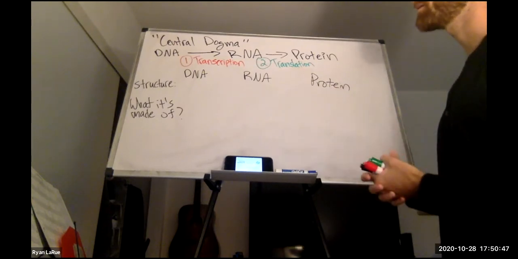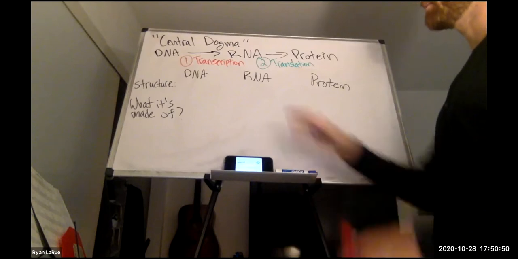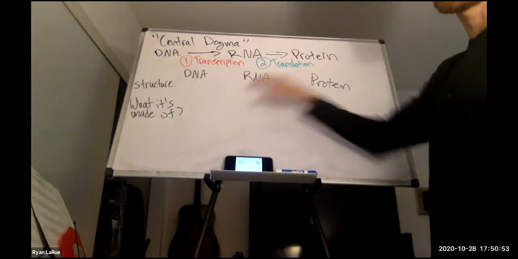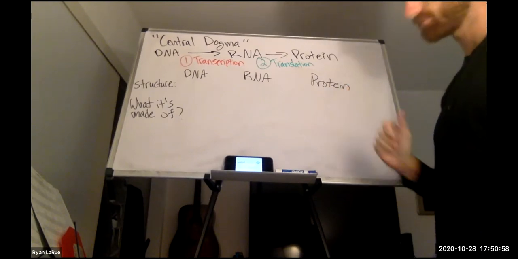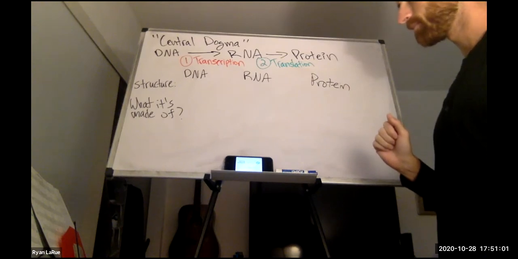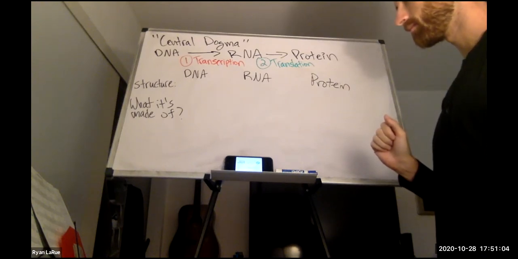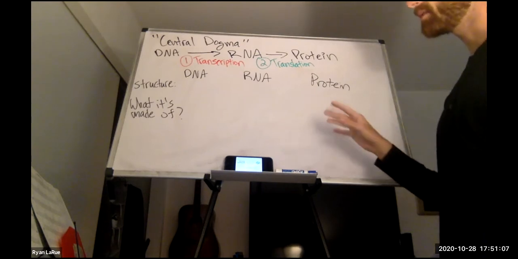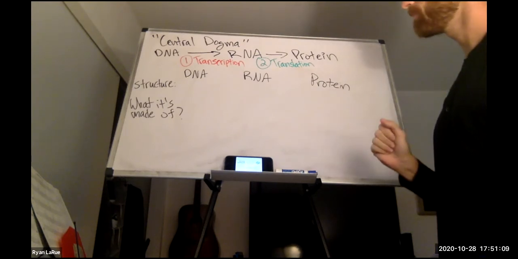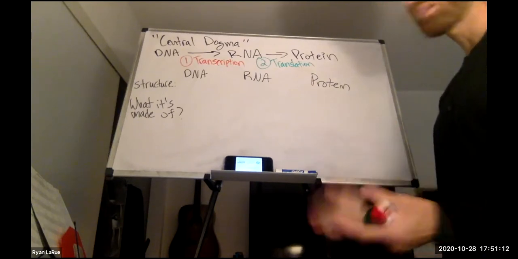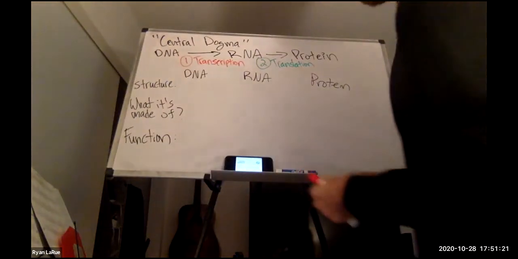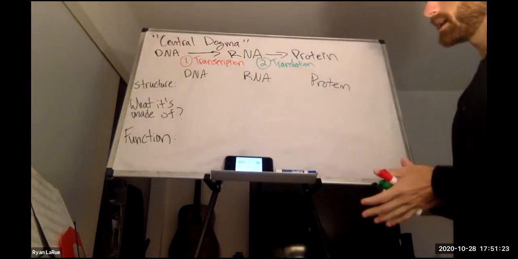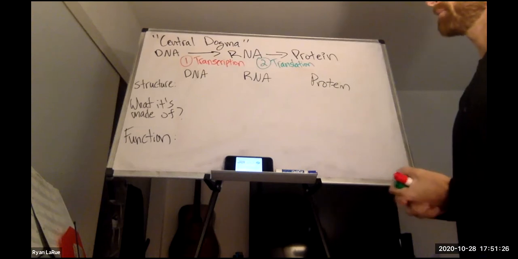It'll also help you reinforce the idea that DNA and RNA are nucleic acids and proteins are an entirely different class of molecule. But there are some other subtle differences you need to know. The last thing I want to talk about is function. We've talked a little bit about function of DNA and protein, of course, and I just want to go into a little more detail now.